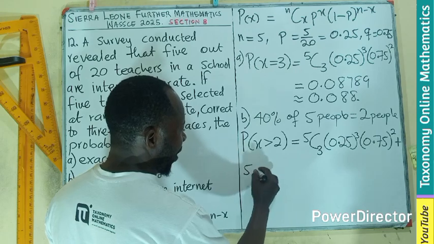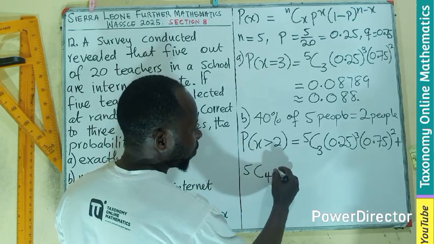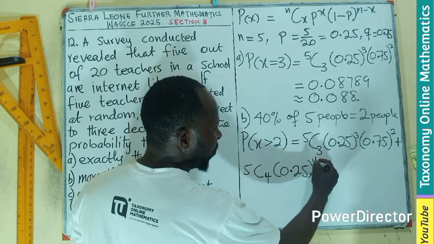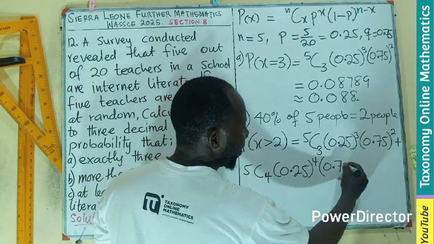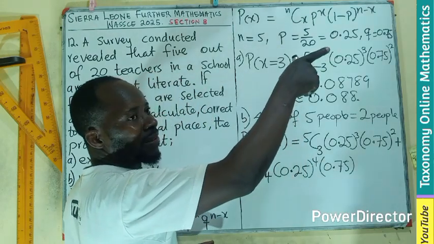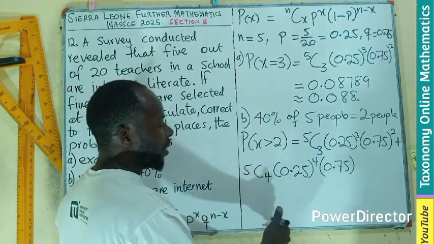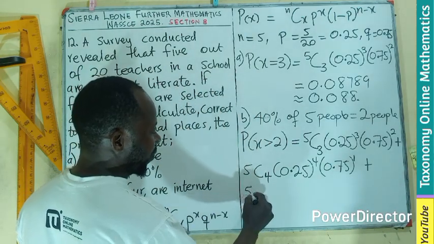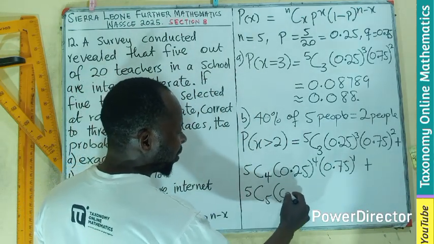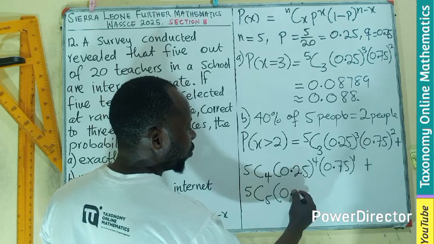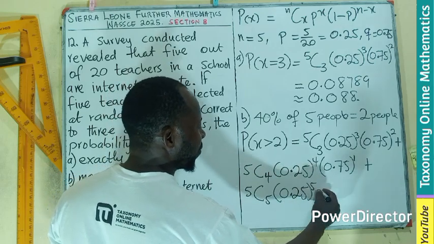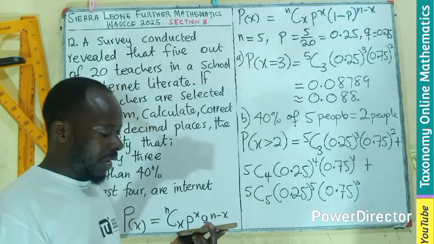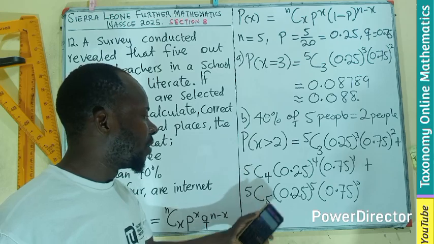So 5 selecting 4, with 0.25 power 4 times 0.75, where n minus x gives 1. Then selecting 5 from 5 teachers, 0.25 raised to the power 5, 0.75 raised to the power 0, because if you subtract, you get 0.